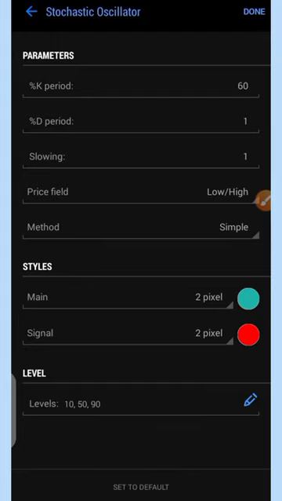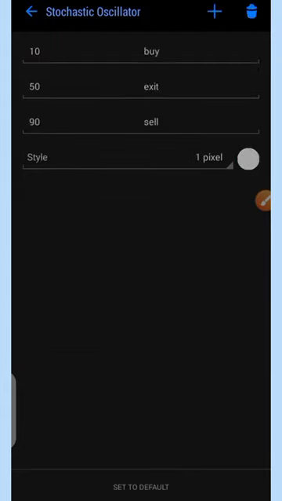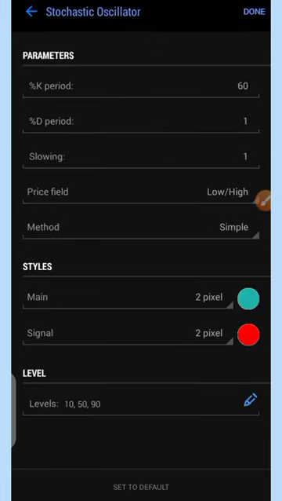The period is 60, period 1, slowing 1, price field low/high, method simple. Here you can change the color. At the levels, click here, the levels are 10, 50, 90: buy, assist, sell. You can screenshot that and set it up. After that, you click on done.